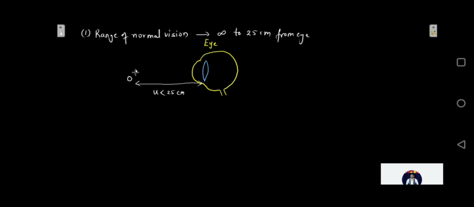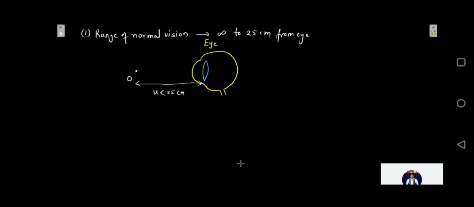So if you still keep on getting the object closer and closer to your eye, the eye lens won't be able to bulge out anymore. So what will happen in that case? The object will be seen blurred. The ciliary muscles cannot bulge out the eye lens anymore, and the object won't be focused on the retina and will appear blurred.